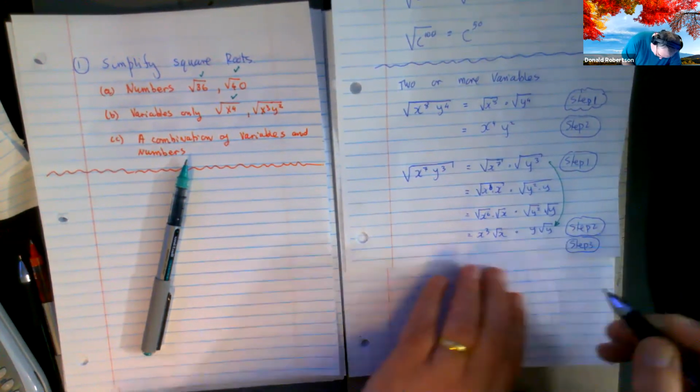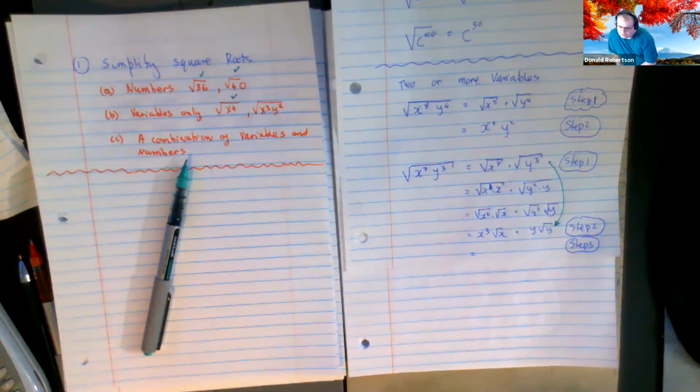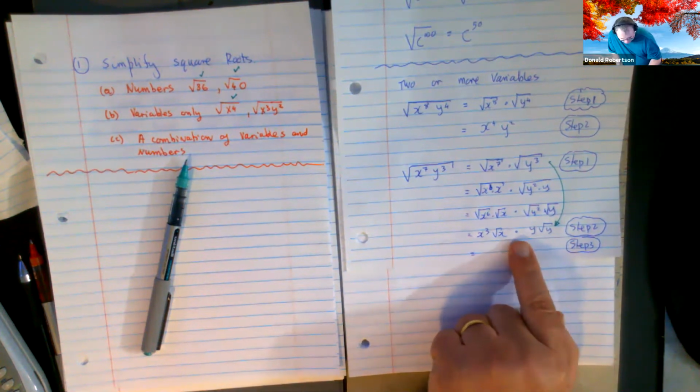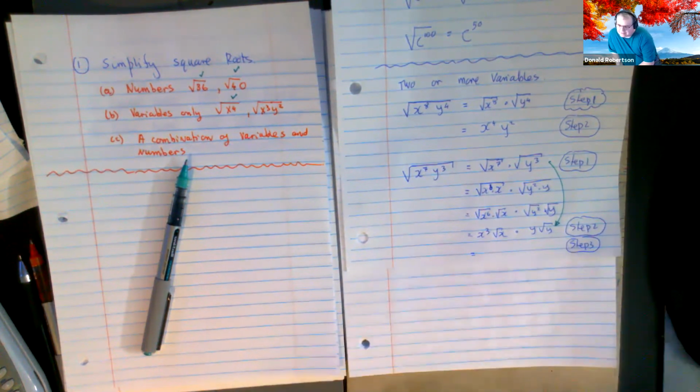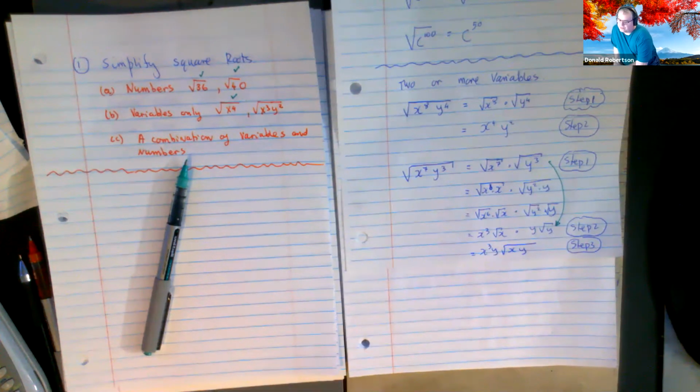And that is tidying up the answer. Because remember, the whole goal is to make this as simple as possible. And right now I've got some x's and square roots multiplied by some y's and square roots. And I don't really want it to look like that if I can make it look prettier. So what you do is you take both square roots and put them inside the same square root.